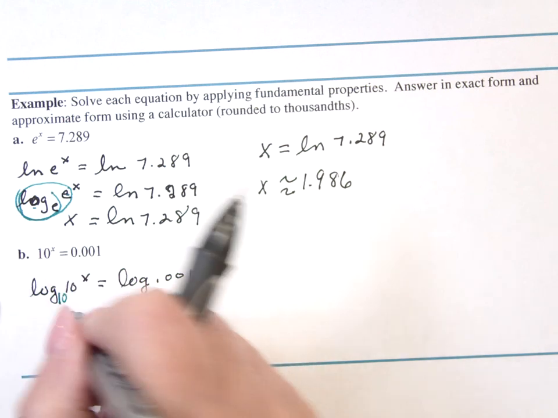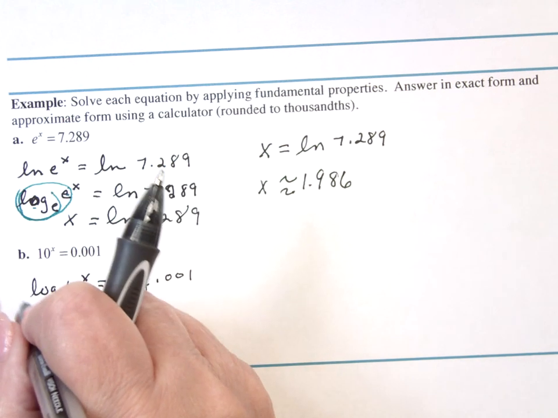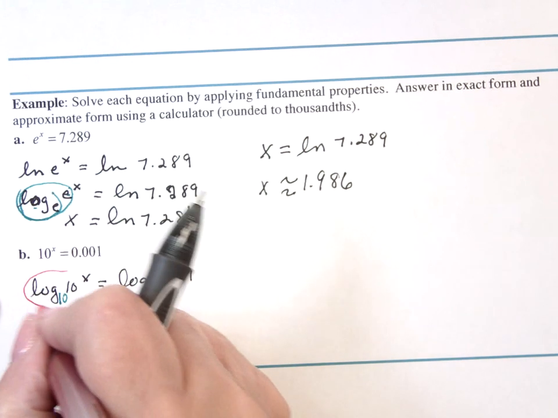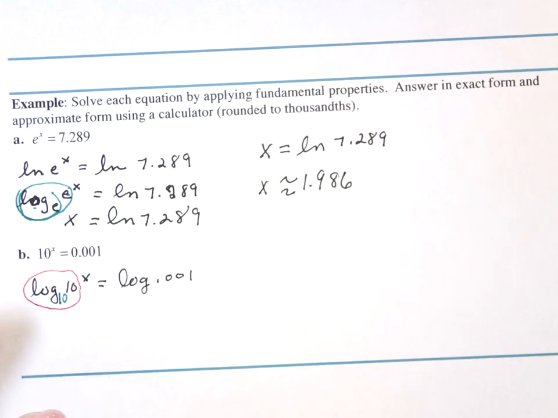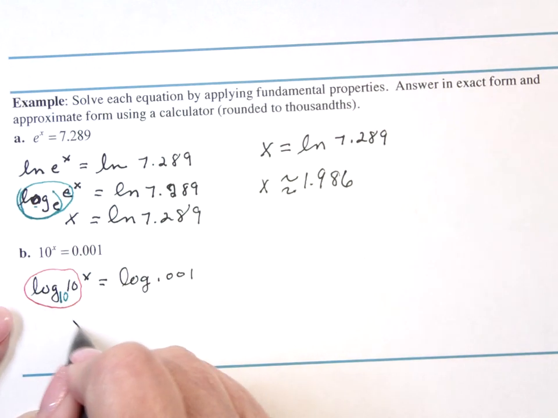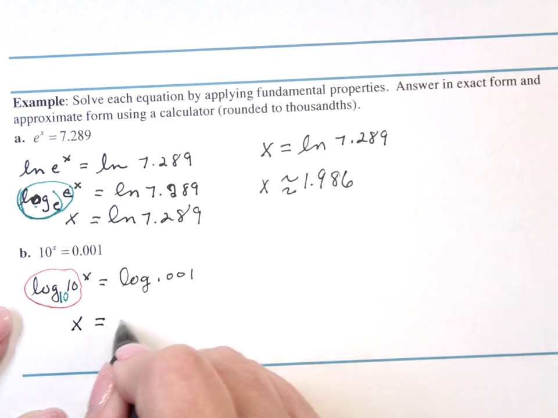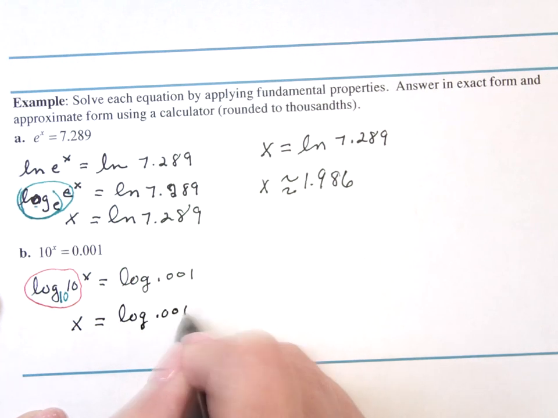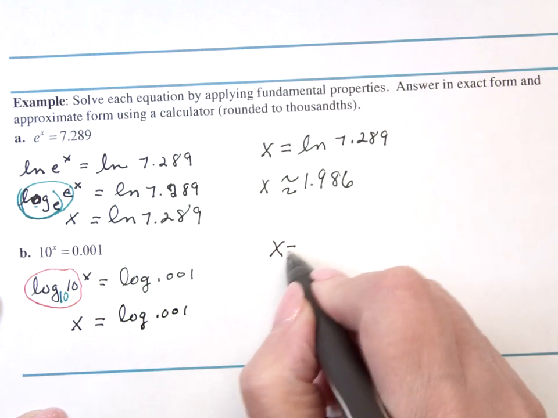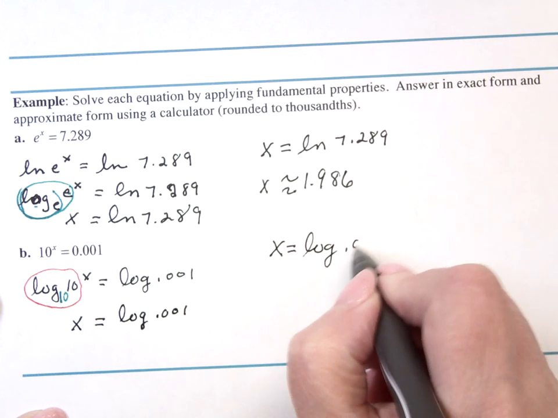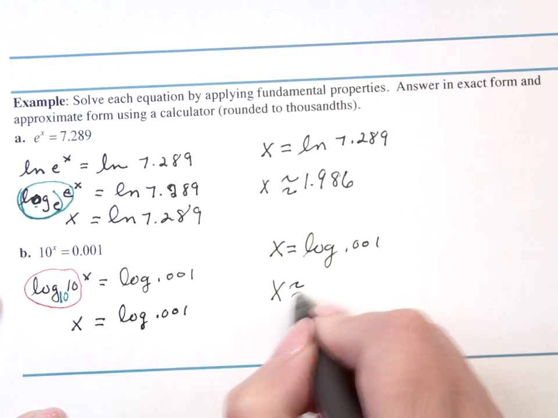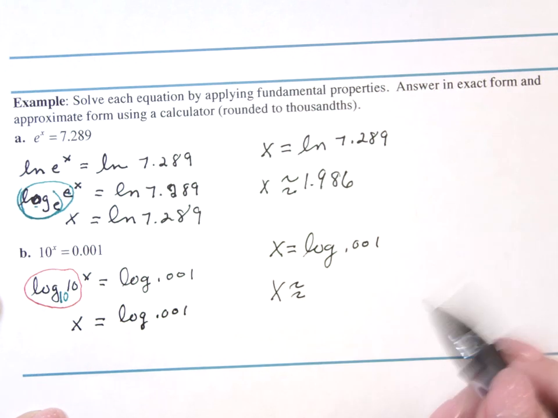So using the fundamental properties, these two take each other out. You're just left with x is log of, and this is log base 10, 0.001. So x is log of 0.001. That's your exact answer. And your approximate answer is -3.